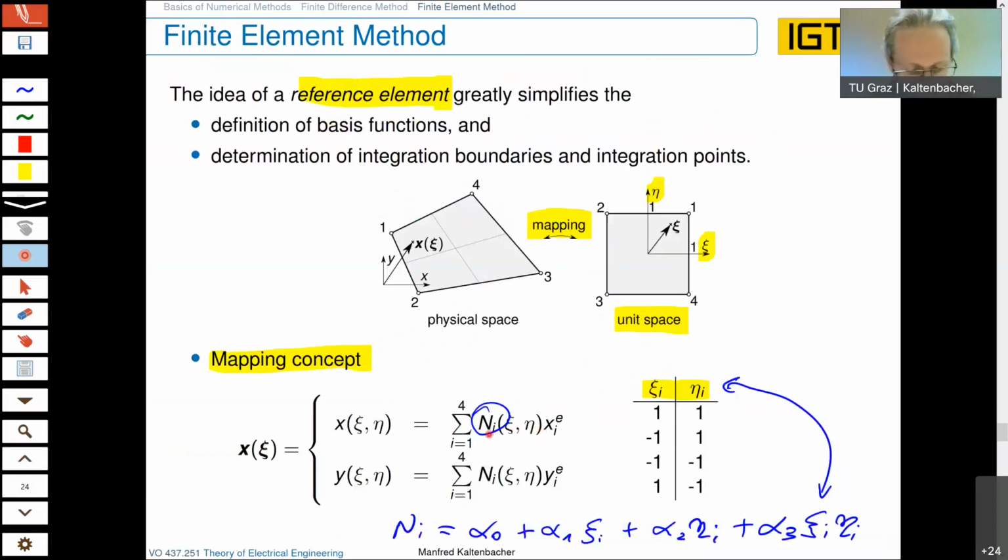Because when I want to evaluate the global coordinate x for this node 2, which in unit space is this node 2, I evaluate it for xi equal -1, eta equal 1, and then clearly I want to get out x2. Otherwise, this ansatz with a sum makes no sense.